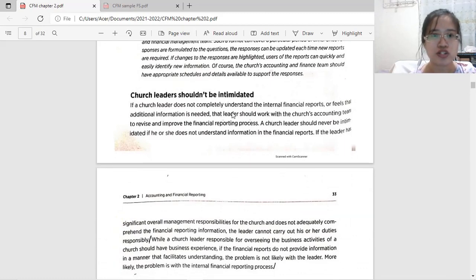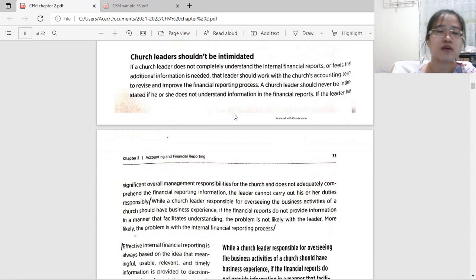Next, church leaders shouldn't be intimidated. Of course, it's not required for them to have an extensive knowledge of accounting, but for the most part, they are assumed to have a basic understanding of the financial reports.